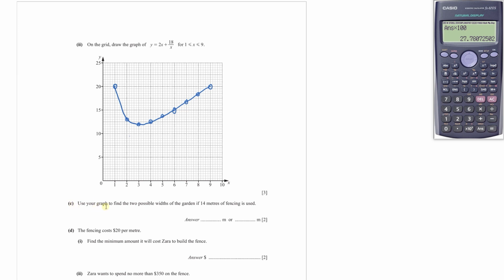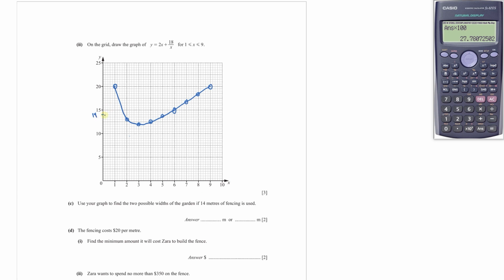Part C is use your graph to find two possible widths of the garden if 14 meters of fencing is used. So on the y-axis, you have the value of y, which is the total length of the fencing used. So we are looking for the value of 14, which is this one. On the x-axis, you have the value of x, which is the width of the garden.